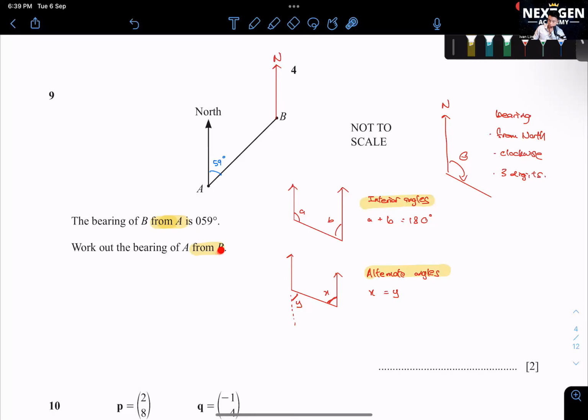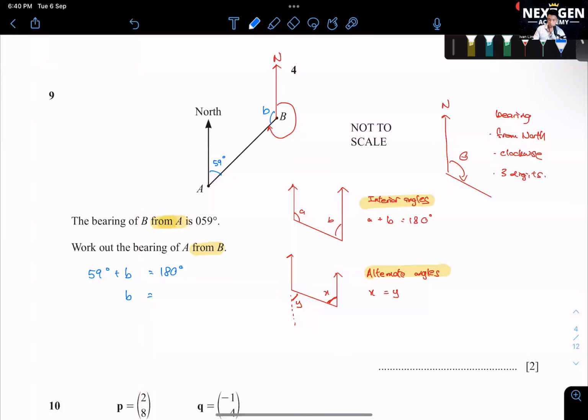So that means they say work out the bearing of A from B, means we want to find this part here. Always go back to this concept. It is from north and going clockwise. It's not going the shortest distance. So how do we find this? We know that this interior angle, both added up, should be how much? Let's put it as B. So 59 degrees plus B equals 180.